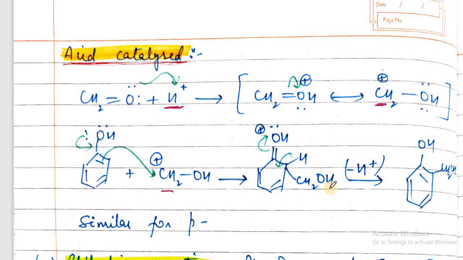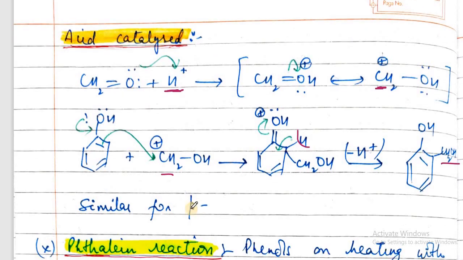Now this hydrogen will be released, electrons will move to the ring and these to this, so ortho CH2OH phenol is formed. So we get this group at the ortho position in the presence of acid or base. So it is the acid and base catalyzed mechanism. The reaction can be carried out in the presence of acid or in basic medium. So if we want to write for para, then also we can write the mechanism similarly.